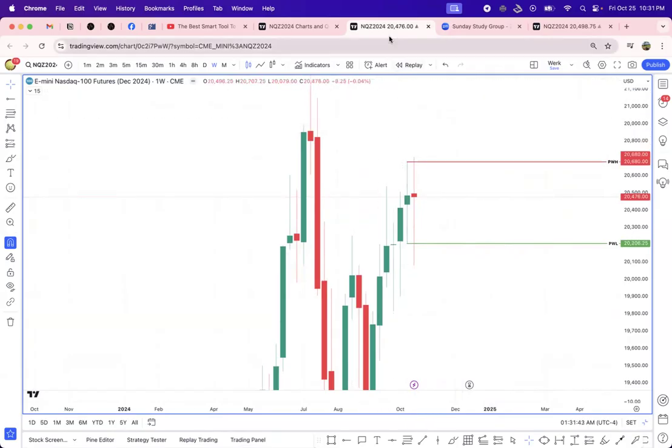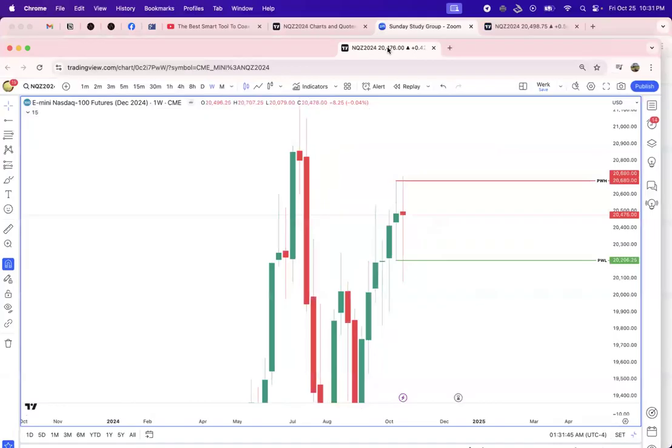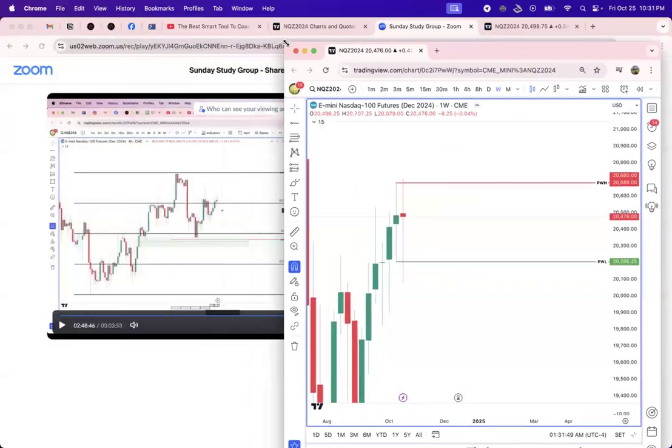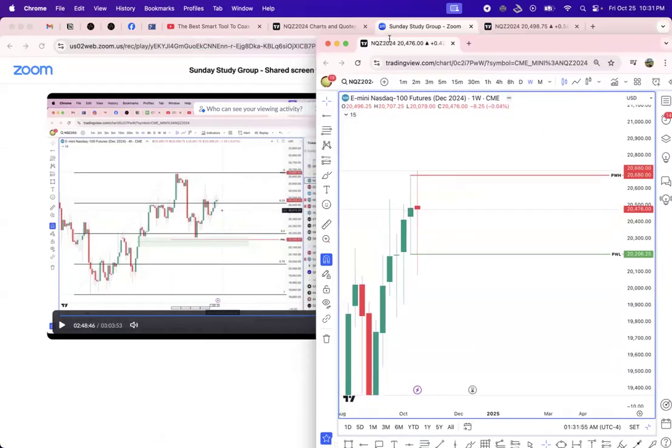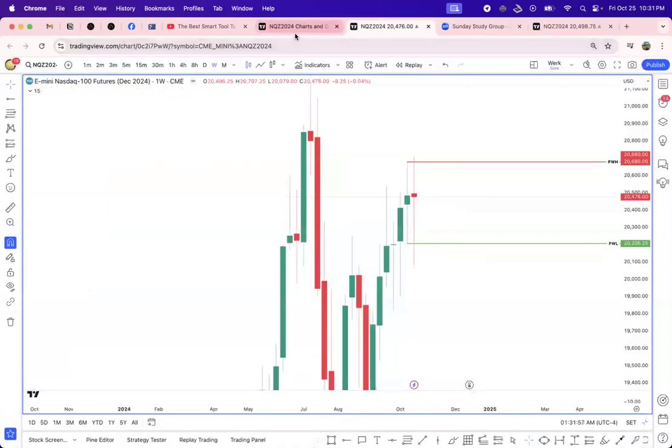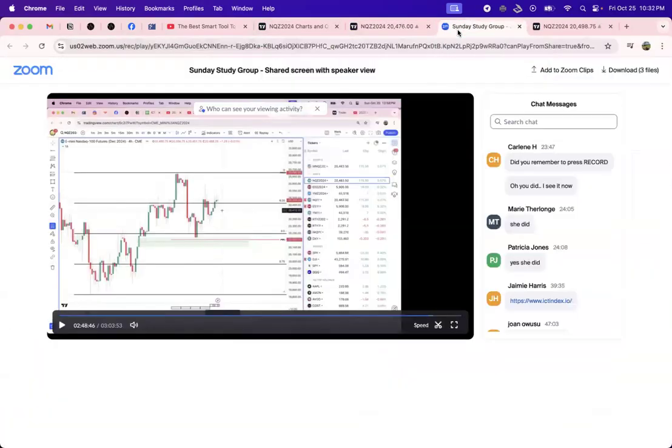One of the things that I want to point out, and I do not know why this is, is this candle on my weekly chart here. Let me see.